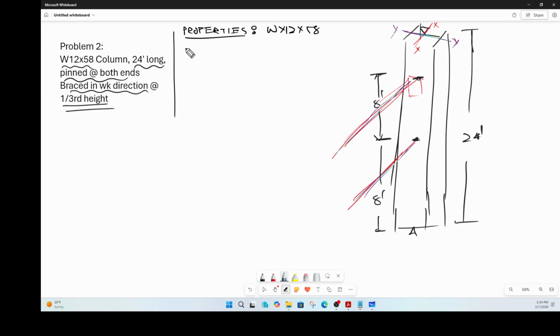If you pull the properties, you'll see that ry is 2.51, and rx by ry value is like 2.10, which implies rx is nothing but 2.1 times 2.51.